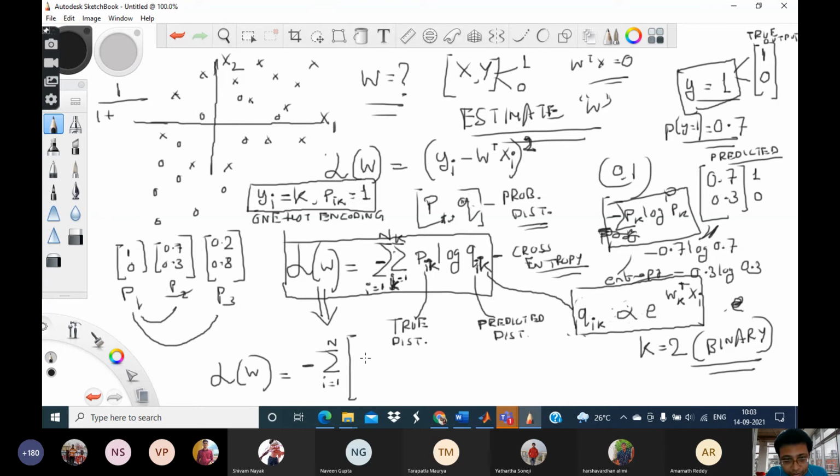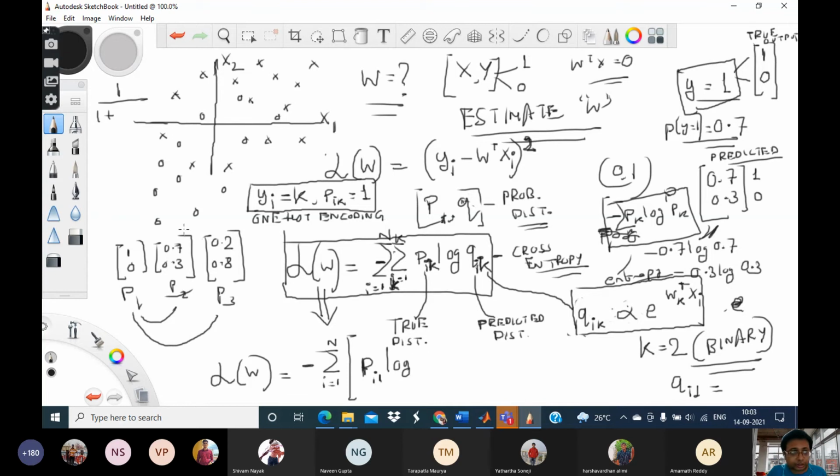So for the ith data point, what do you get? You first of all get pi1 log qi1. But what is qi1 in case of binary classification? qi1 is nothing but the sigmoid function itself.